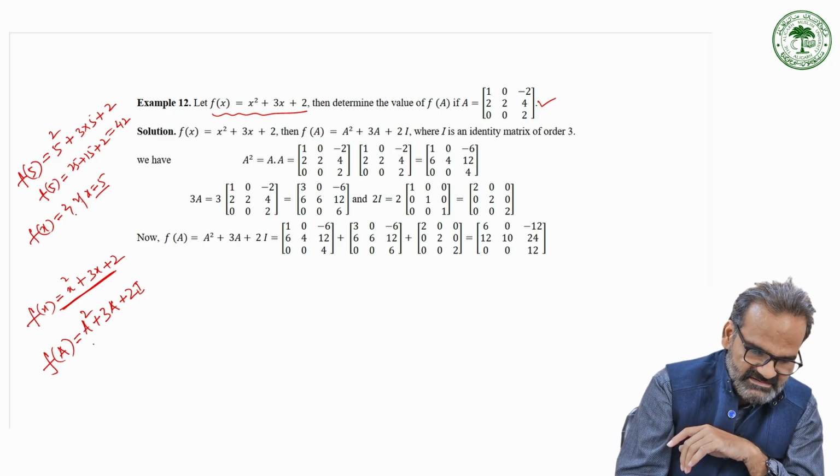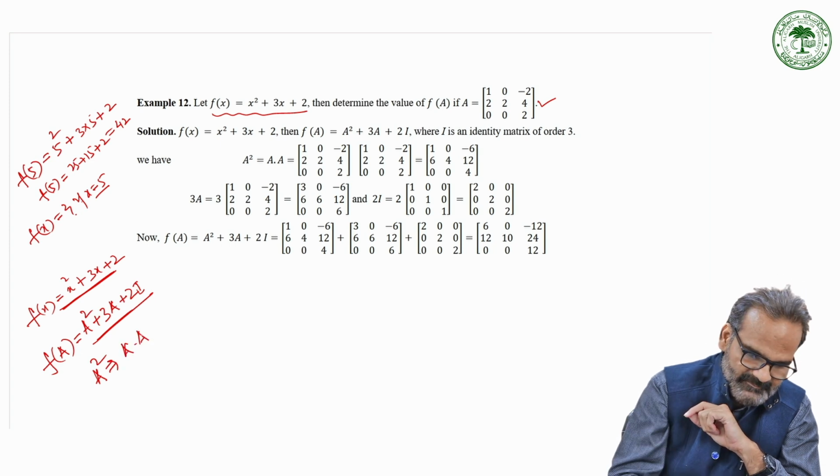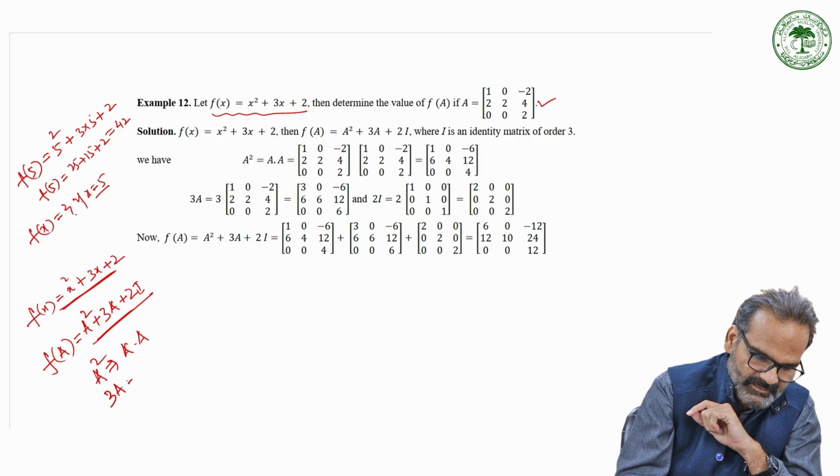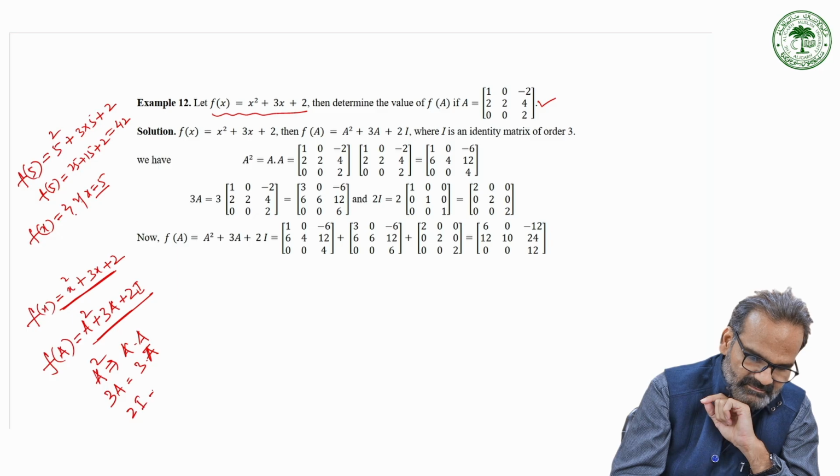This I is identity matrix. So f(A) means this. So find out the value of A square first by doing what? Multiply A with A, you will get A square. Find out the value of 3A, means multiply 3 with the matrix A, you will get 3A. Twice of I is what? Multiply 2 with the matrix 1, 0, 0, 0, 1, 0, 0, 0, 1, right?